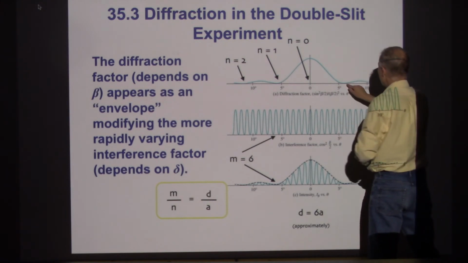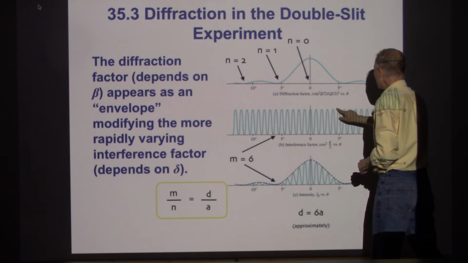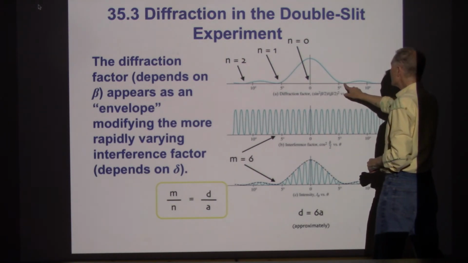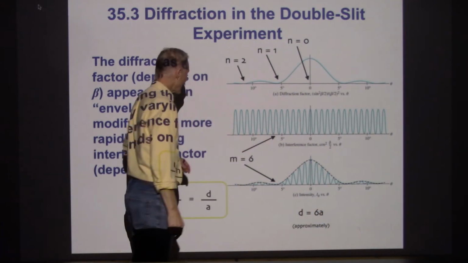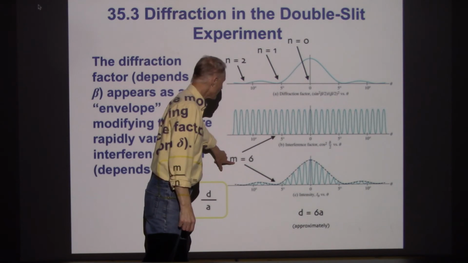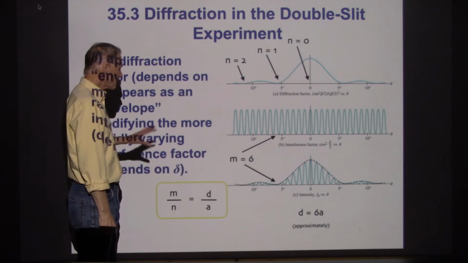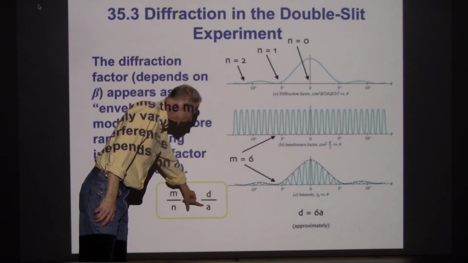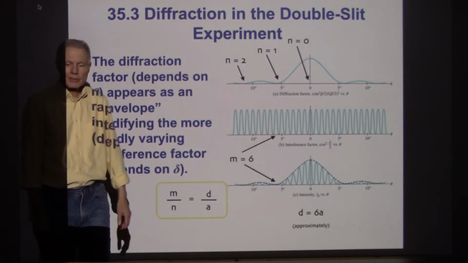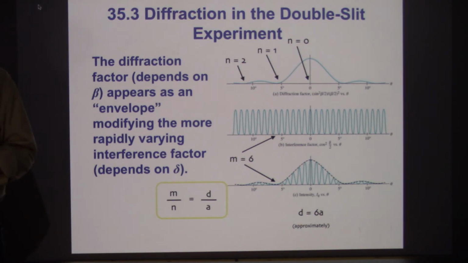Now that's a bit of an approximation, but it looks like the m value of 6 lines up with the n value of 1. So m is equal to 6 when n is equal to 1, and from the formulas we've worked with, m over n has to equal d over a. So that tells us how wide the slits are compared with the distances between them.